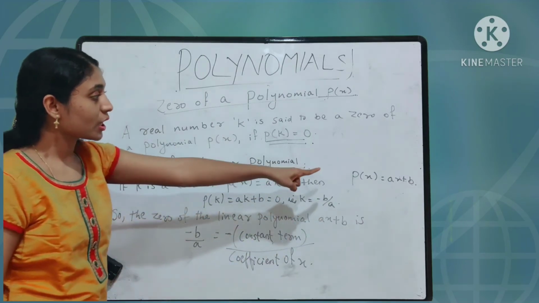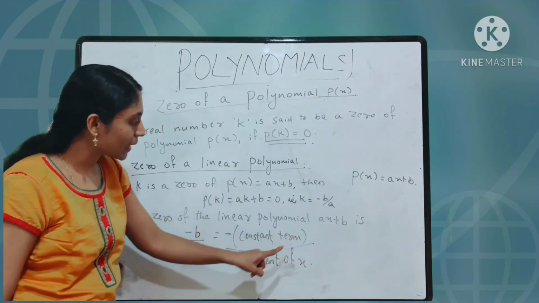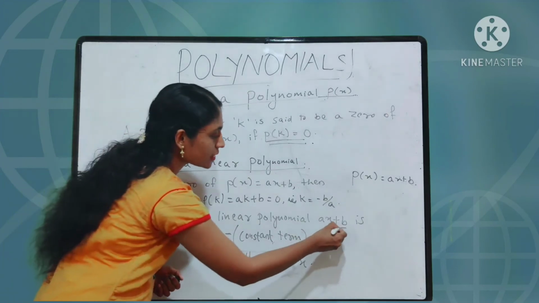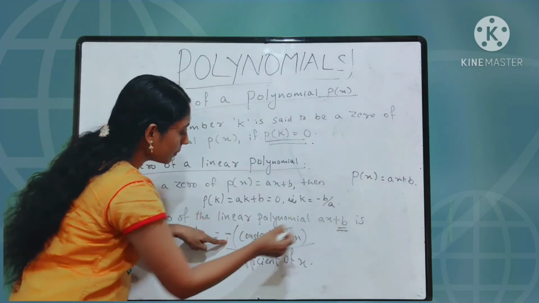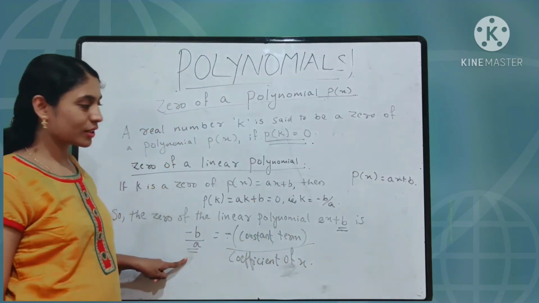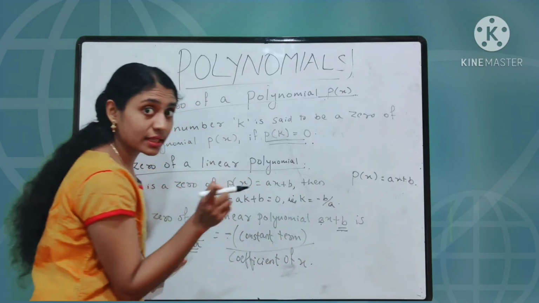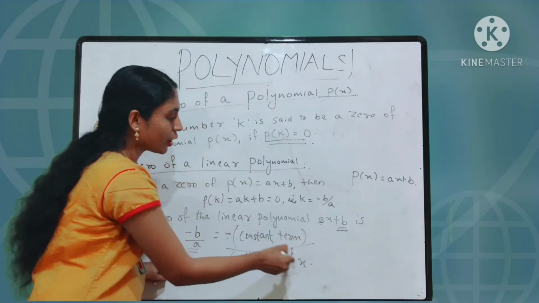And we know the general form of a linear polynomial, it is ax plus b, right? So minus b by a means b is the constant term, right? So minus b by a means minus of constant term divided by a, which is the coefficient of x. Got it? A is the coefficient. This is in case of a linear polynomial. B is the constant term and a is the coefficient of x.